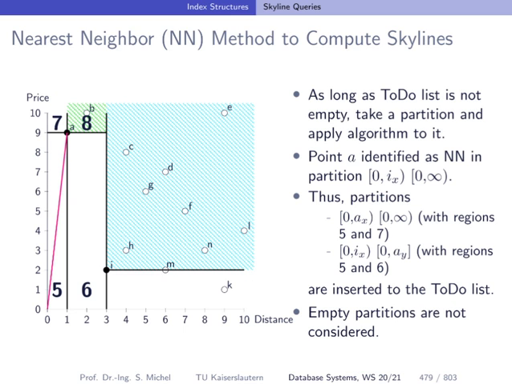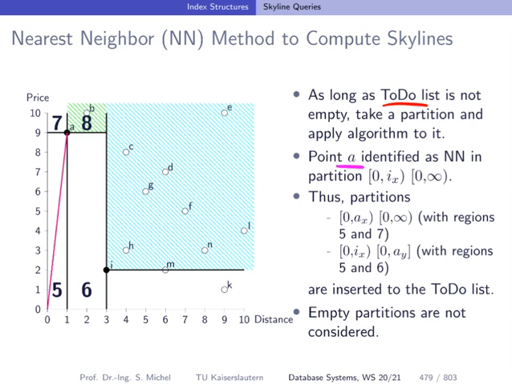As long as this to-do list of partitions we have to investigate is not empty, we take a partition and apply the algorithm to it. The point A that we already saw earlier in this example is in the skyline.